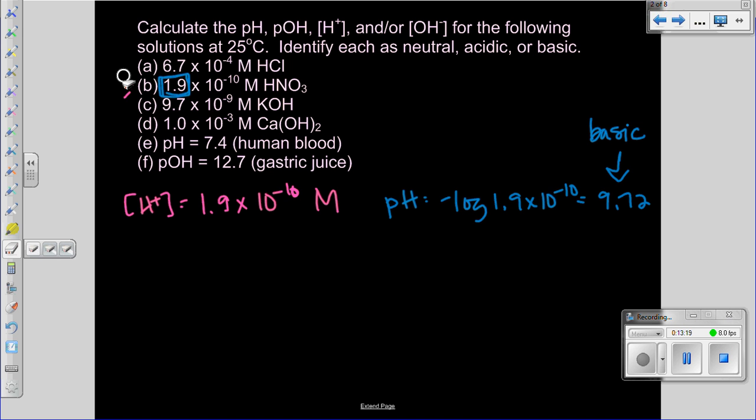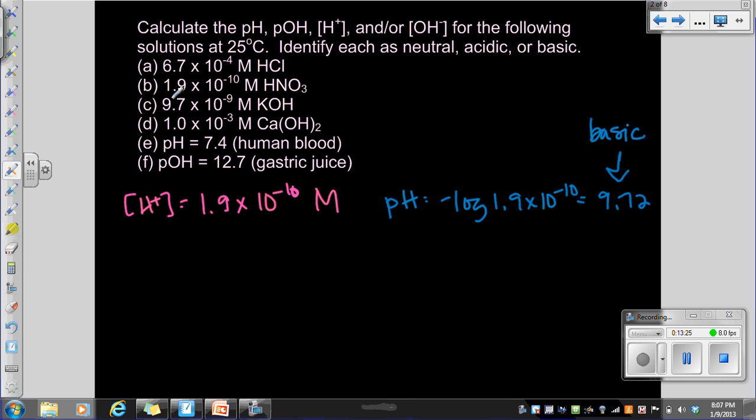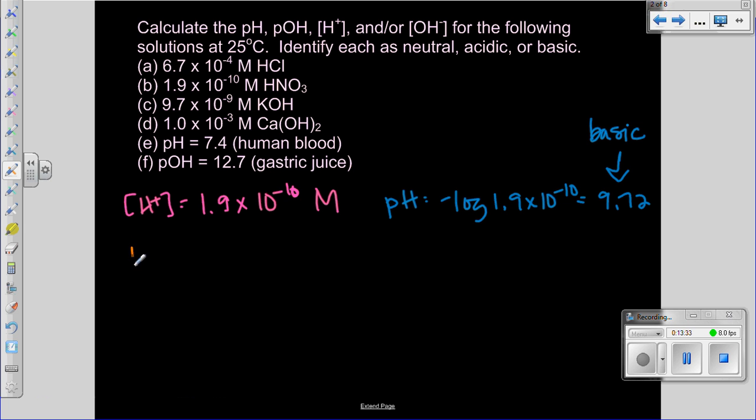Anyway, if you look at this concentration and think about when we talked about the auto-ionization of water: we had water plus water in equilibrium with the hydronium ion and hydroxide.